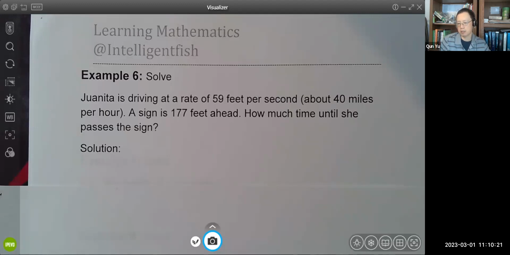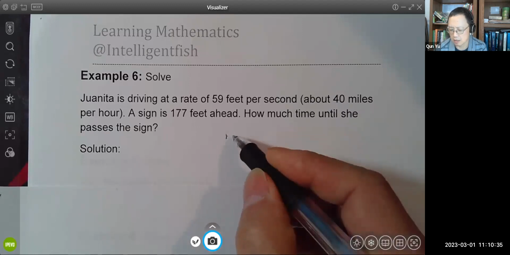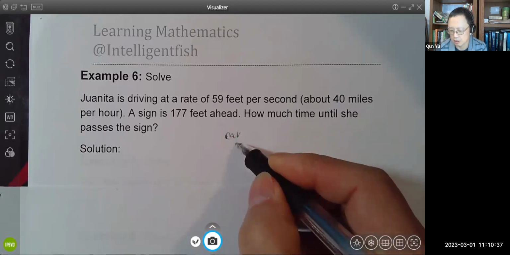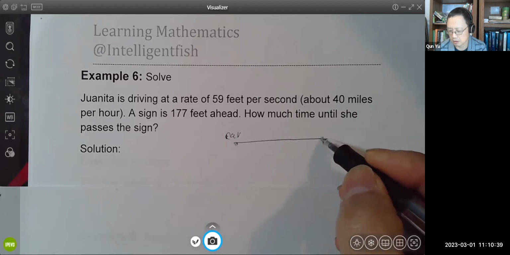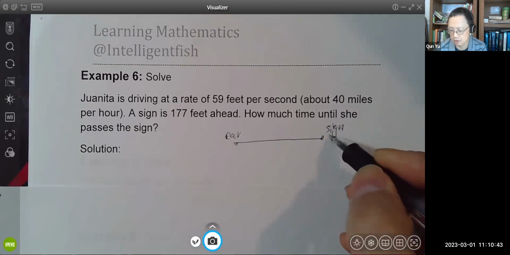So we all learned probably in elementary school, no later than middle school, that speed times time equals distance, right? Say this is her car right here, and supposedly this is the sign right here, whatever that sign is.